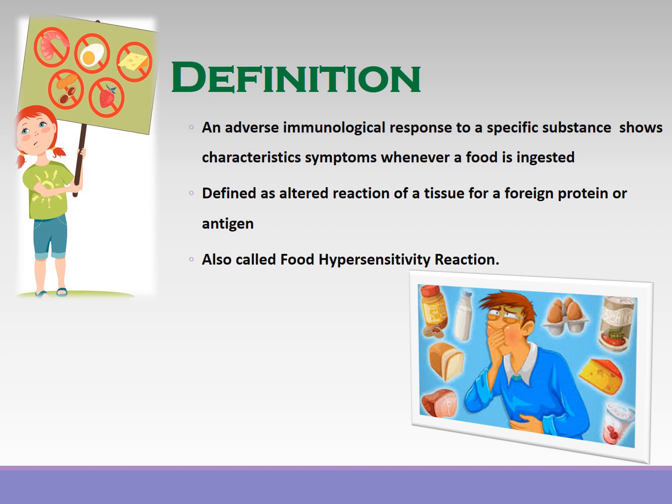It can also be defined as a food hypersensitivity reaction, which means a hyperreaction caused whenever a food which is an allergen or antigen to our body is ingested by us.